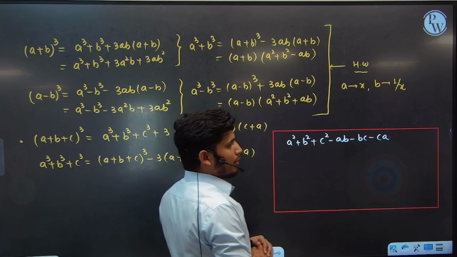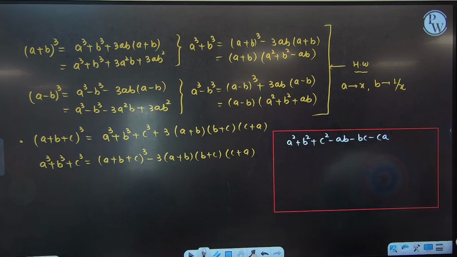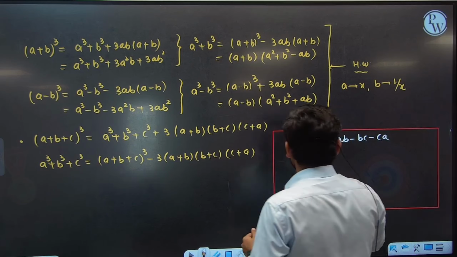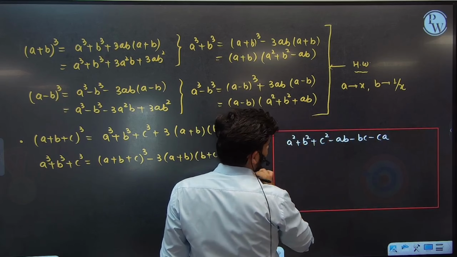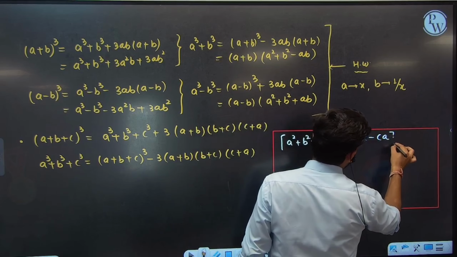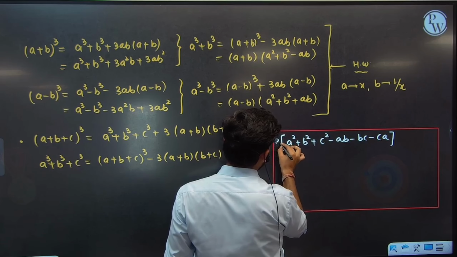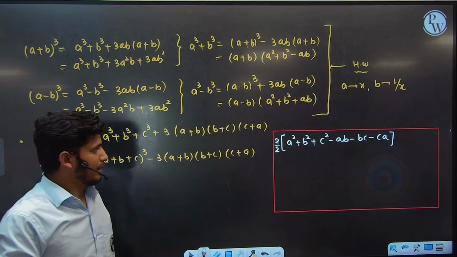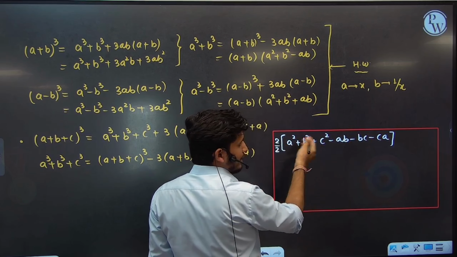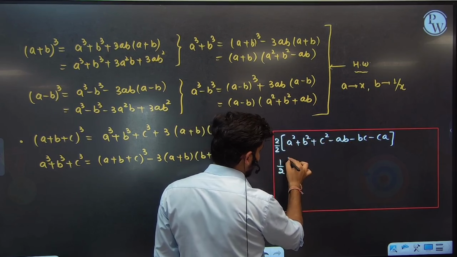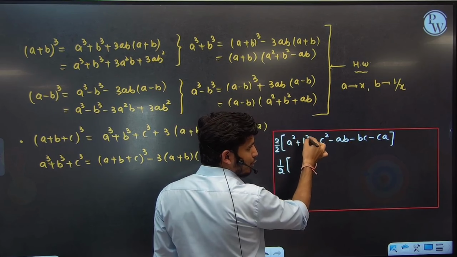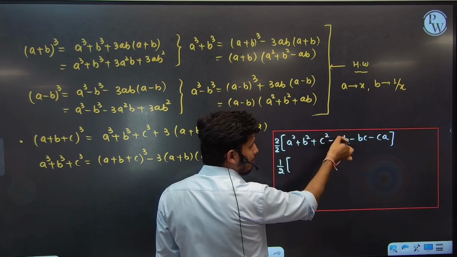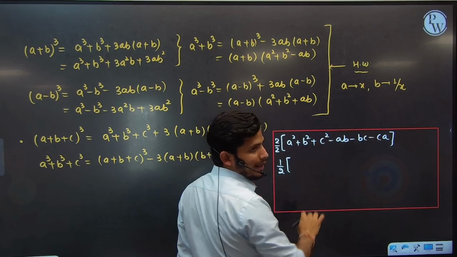Now we want to manipulate this. First of all, multiply it by 2 and divide by 2. Okay. Now send this 2 in the bracket. So half, and here twice a square, twice b square, twice c square, minus 2ab, minus 2bc, minus 2ca.